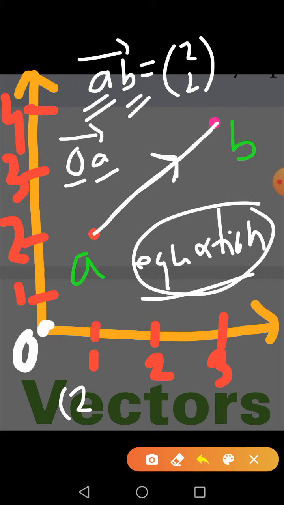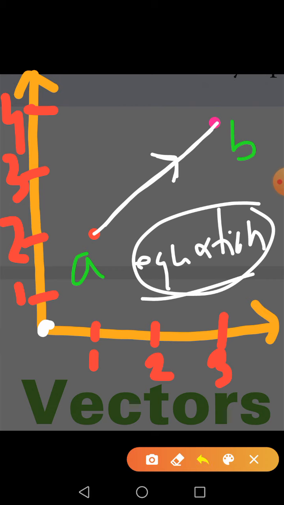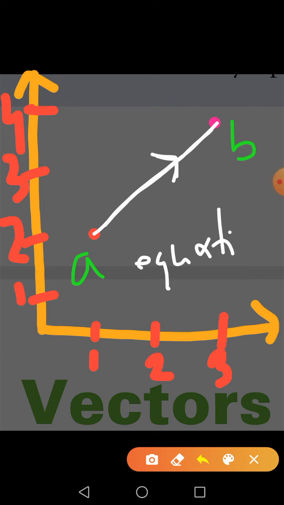Now, the fact is that we do not always go along the axis. Instead, we sometimes move along the line that joins the points, that means directly from one point to another point. Now, you have to take steps, right?